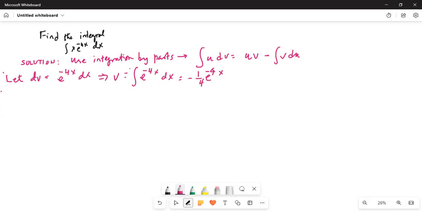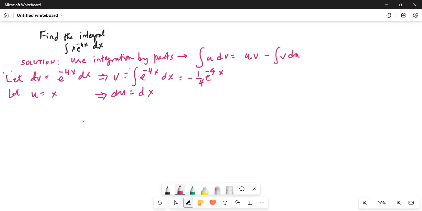And let u is equal to x, then that will lead to du is equal to dx.